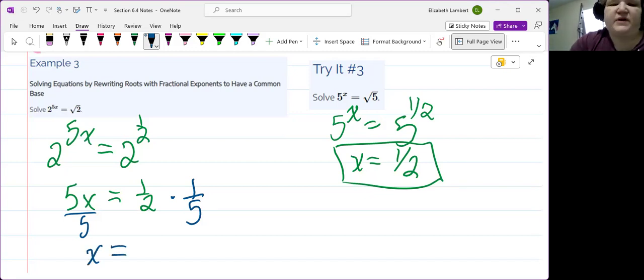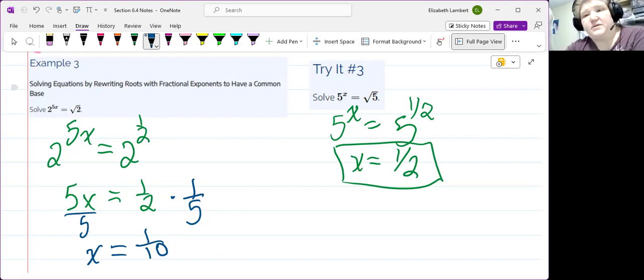So x is a very peculiar looking 1/10. So if I put that in there, 2 to the 5 times 1/10, 5/10 is 1/2, so 2 to the 1/2 equals square root of 2.